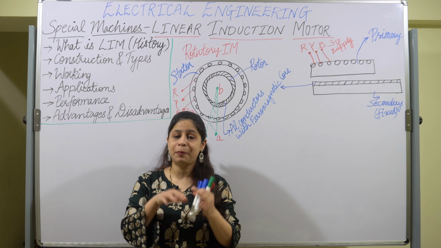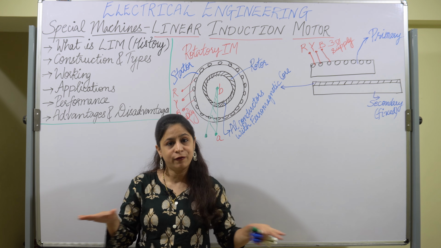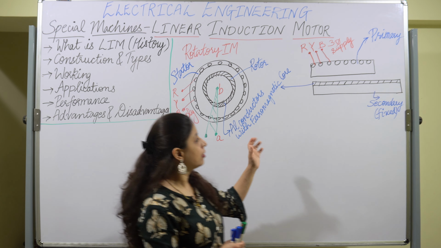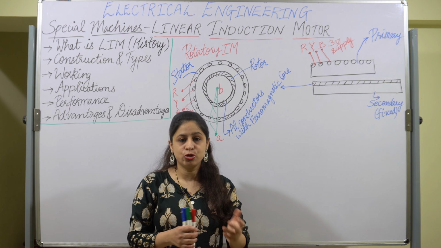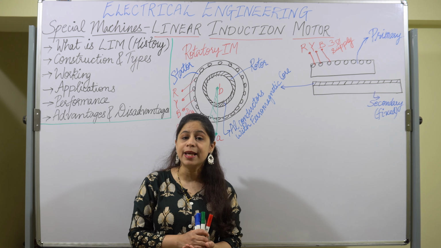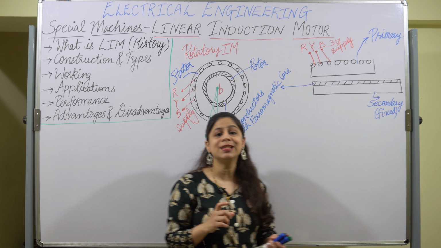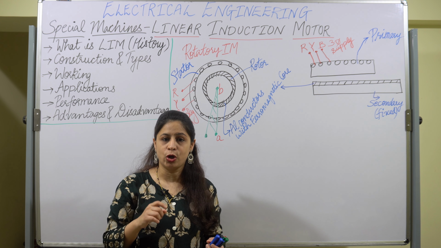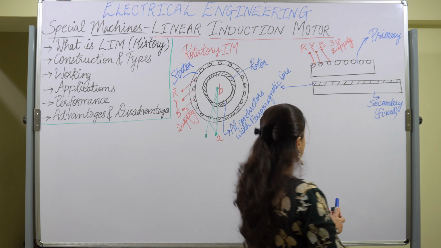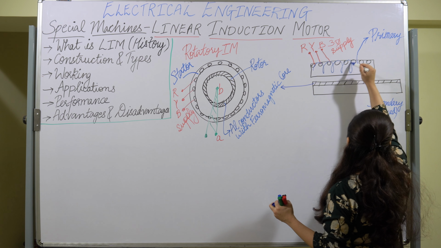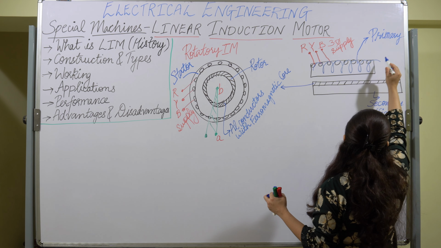Here the primary as well as the secondary are all flattened, so a traveling wave flux will be set up, and that flux wave will be traveling with a velocity Vs. Let us say this is the traveling wave flux and it is traveling in a direction like this.